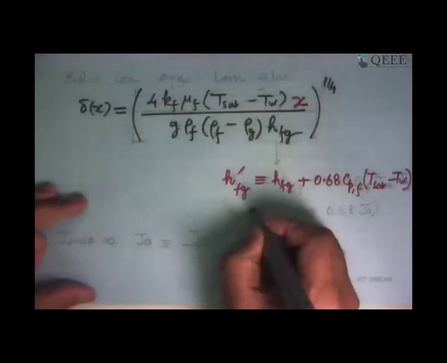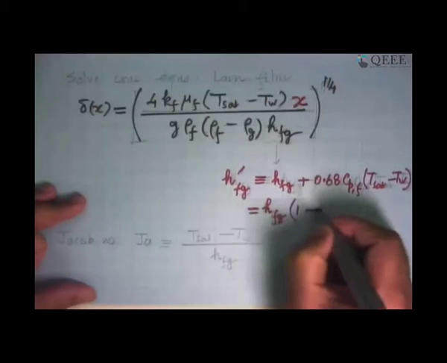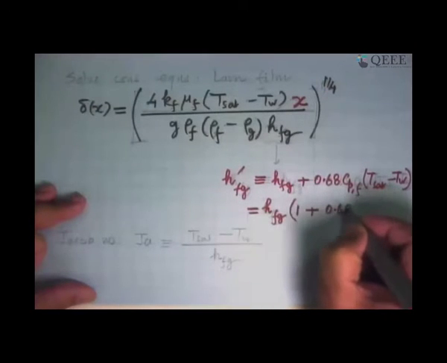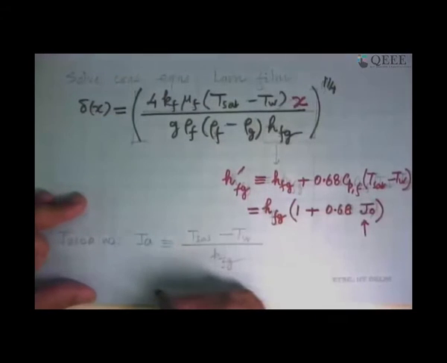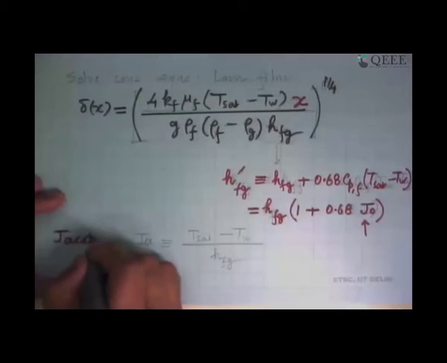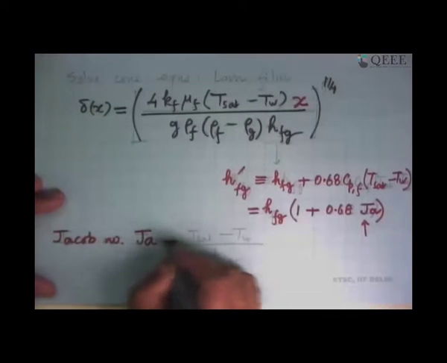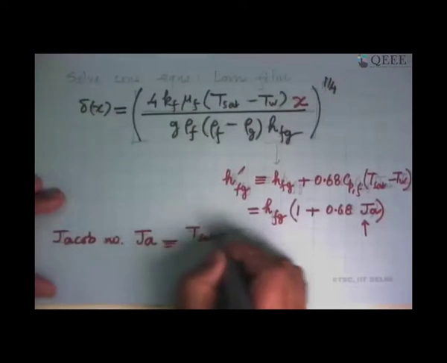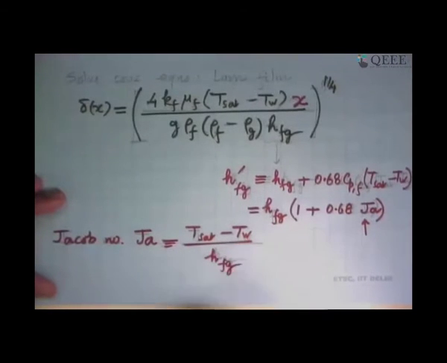Or this is written as HFG into 1 plus 0.68 times Ja. Ja is a new non-dimensional number that is coming into the discussion. This is called the Jacob number, Ja, this is Tsat minus Twall divided by HFG.